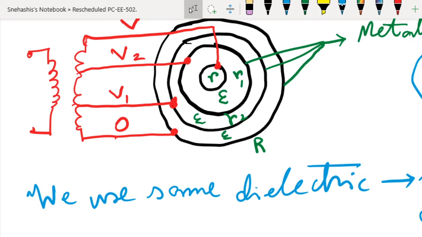Okay, so what happens? Gmax for different layers is same.